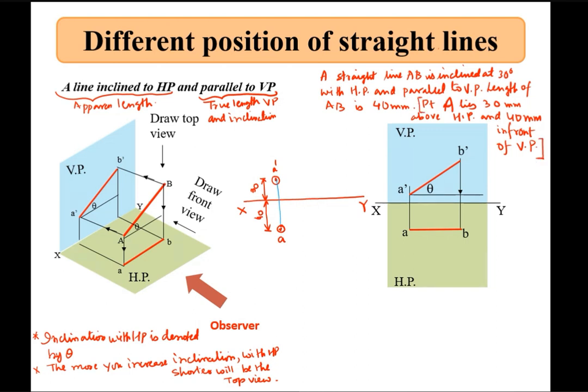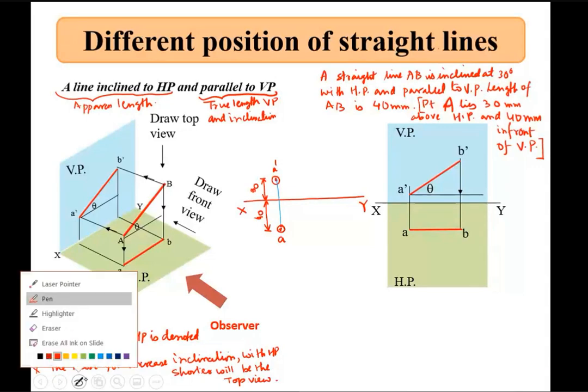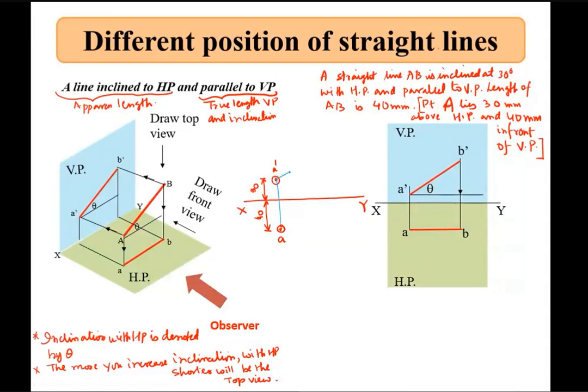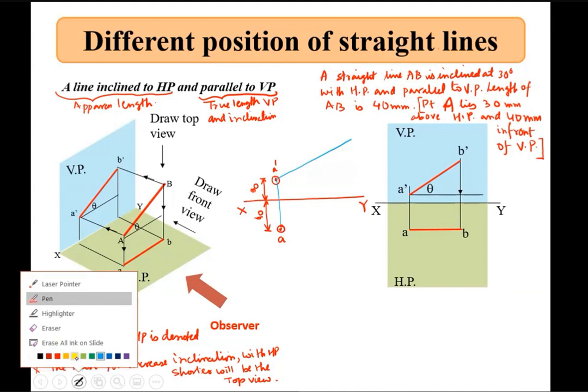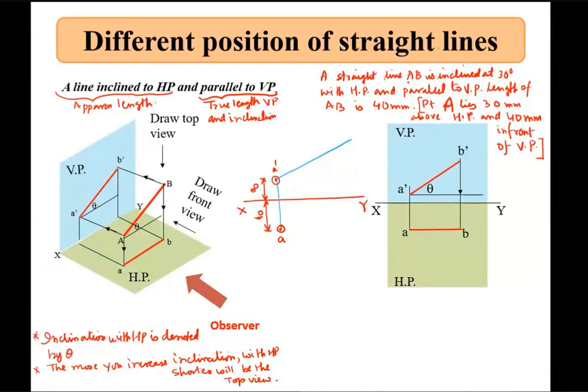Now it is given that the straight line AB is inclined at 30 degrees with HP. So I draw an inclined line like this at 30 degrees with HP. Next, I take the length 40 mm. The length of AB is 40 mm. I keep my compass here, take 40 mm and cut it here like this. So this will be my point B dash.